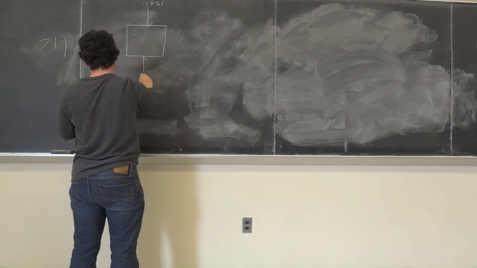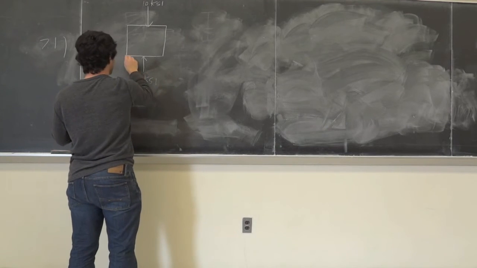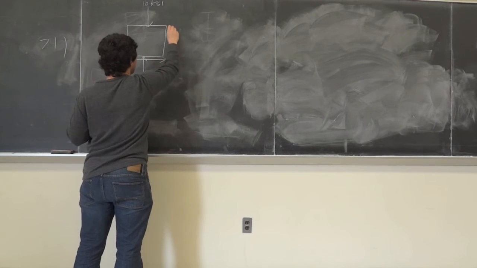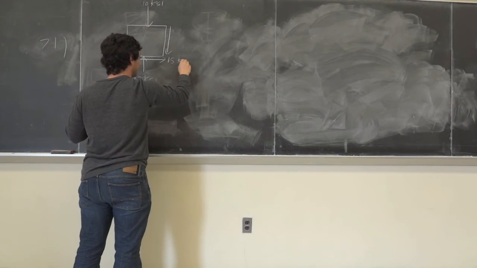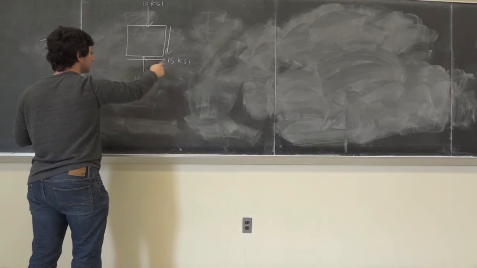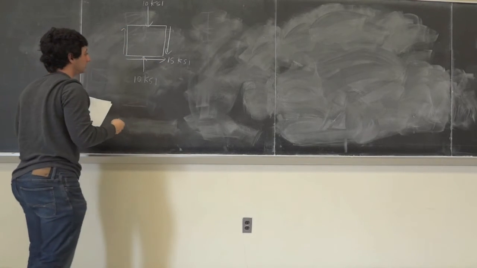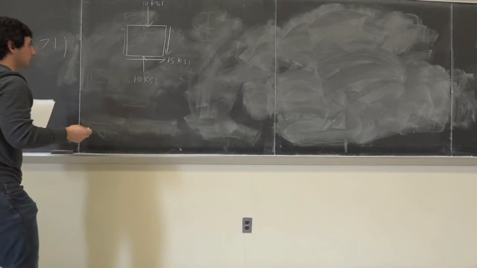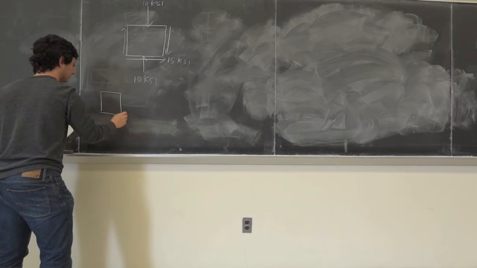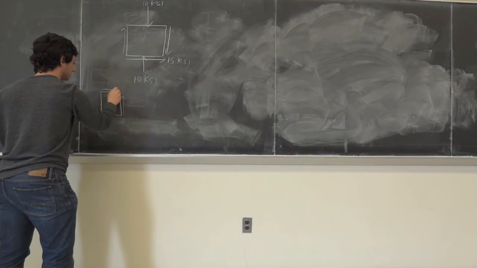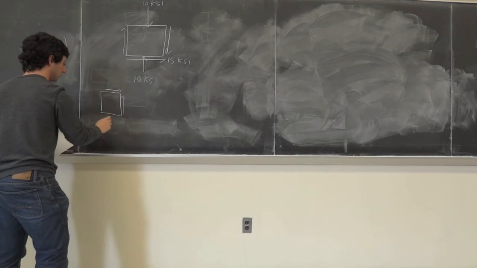Then they give you the shear stress as 15 KSI. This direction is negative, even though you don't really need to know that for this problem, but you should know that tau is positive in this direction, and if it's in this direction, it's negative.